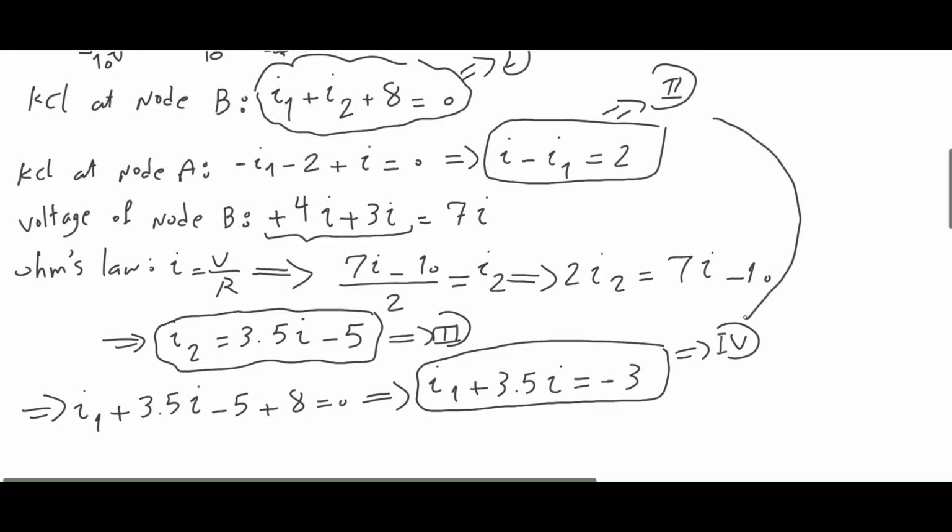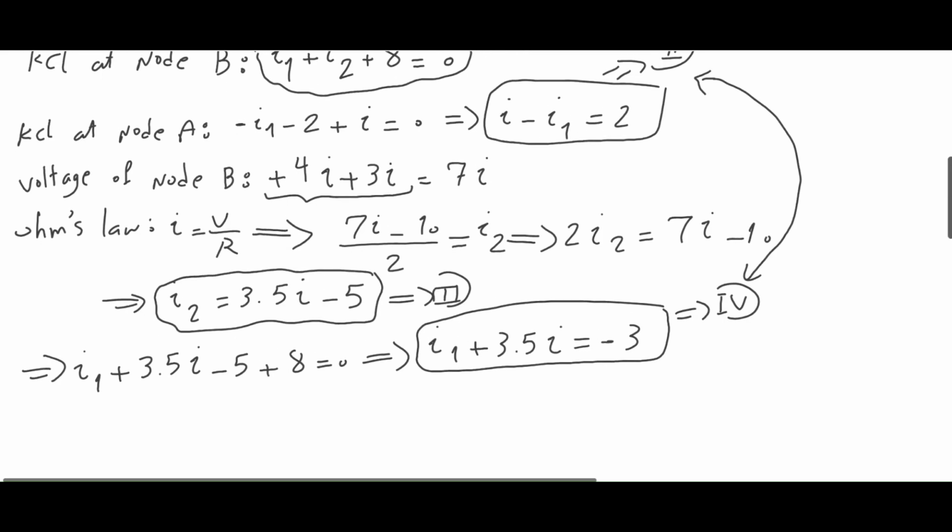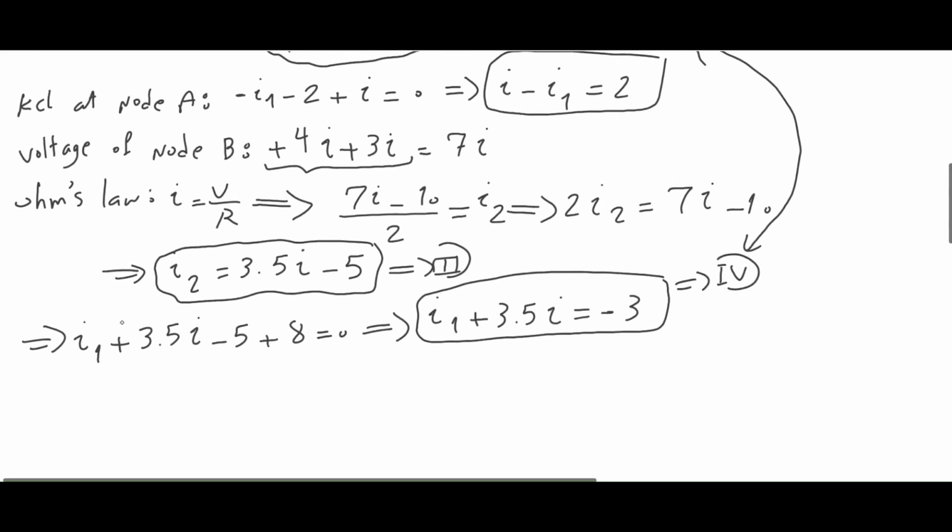I want to compare these two equations. I have two equations, two unknowns, I and I1. So I should be able to solve it. This is positive I1, this is negative I1. All I want to do is just add these two equations. If I simply add these two equations, it becomes I minus I1 plus I1 plus 3.5 times I equals 2 minus 3, which is minus 1.